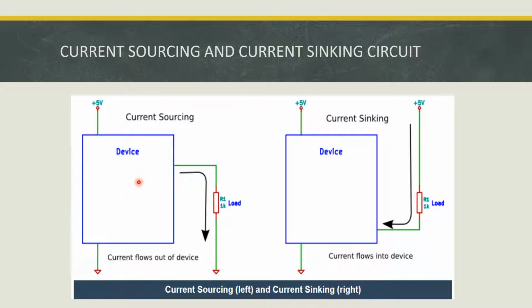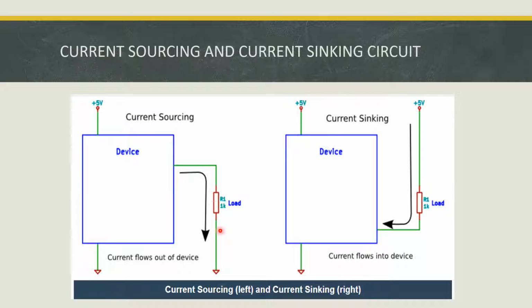So in this slide, we'll see the current sourcing and current sinking circuit. The first one is the current sourcing circuit. When a load is connected to a device so that the device supplies current to the load, then the configuration is said to be current sourcing.